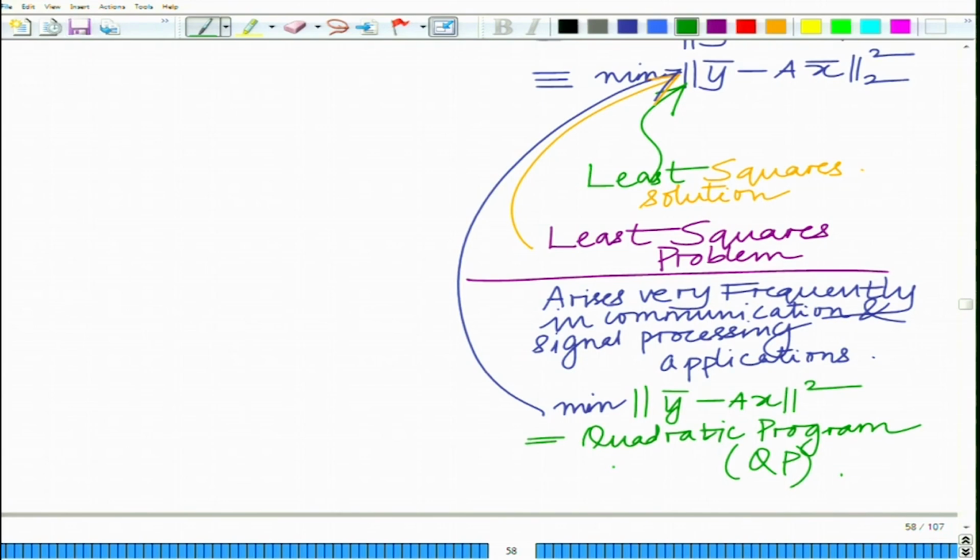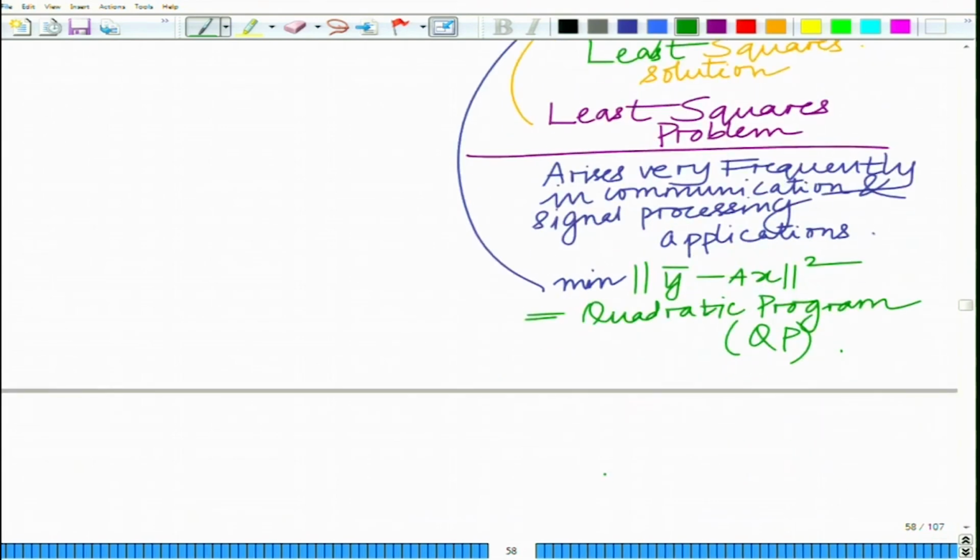Finding the solution of this QP gives the best estimate. This is also known as the maximum likelihood estimate. So the solution of the least squares problem gives the maximum likelihood estimate.